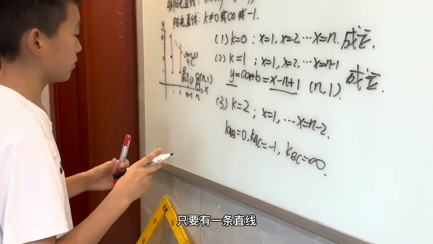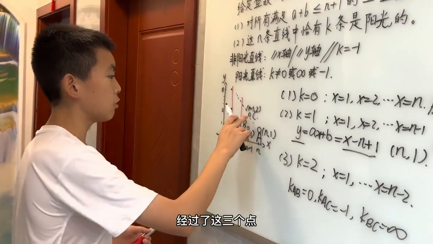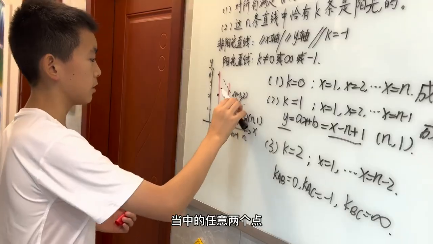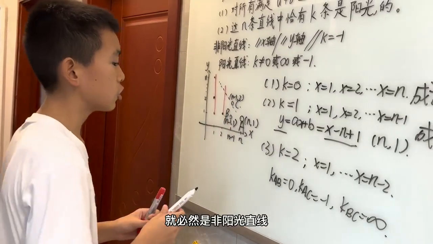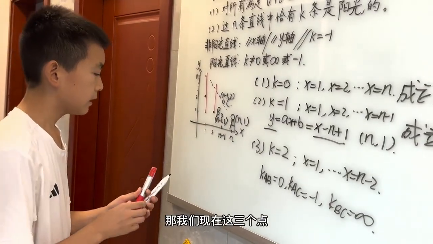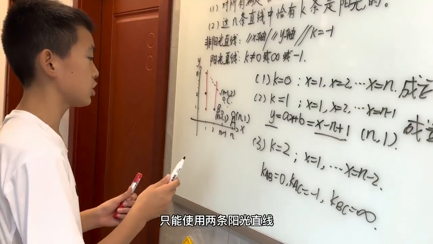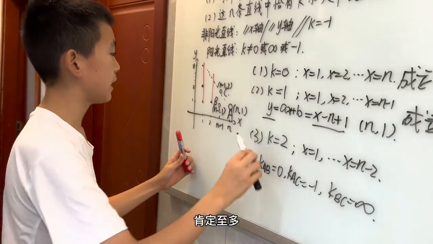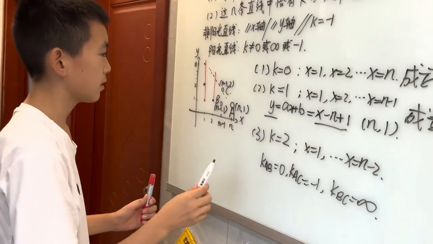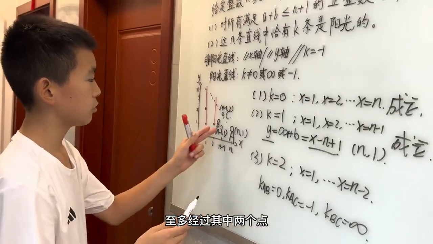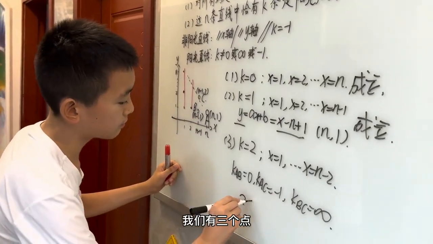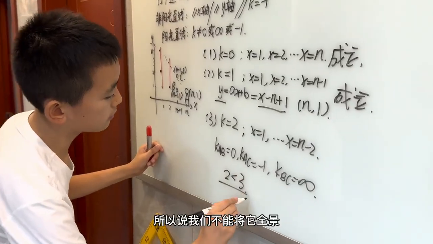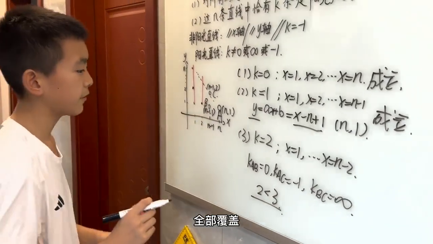That is, as long as a straight line passes through 2 of these 3 points, that line must be a non-sunny line. So we can only use 2 sunny lines to cover these 3 points, and each sunny line can pass through only one of the points. Those 2 sunny lines pass through 2 points at most, but we have 3 points and 2 is less than 3, so we can't cover them all.